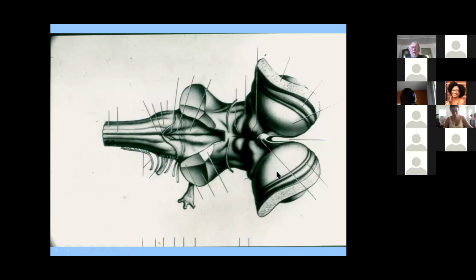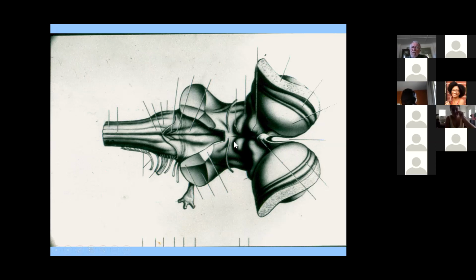So here is a schematic representation of the dorsal surface of the brain without the telencephalon. So what we have taken off is the cortex and the cerebellum. What you're looking at is the dorsal diencephalon, which of course is the thalamus with the internal capsule.